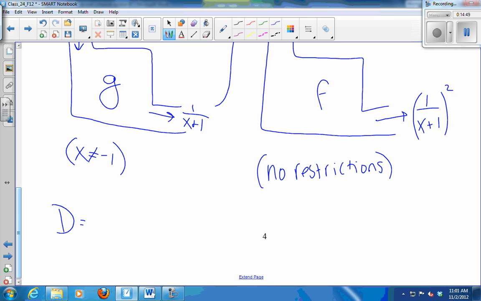My domain is going to be the set of all x, such that x can't be -1. But if this one had a restriction, we would have to think a little bit harder about what the domain would be. And in fact, we have an example coming up where they'll both have a restriction.